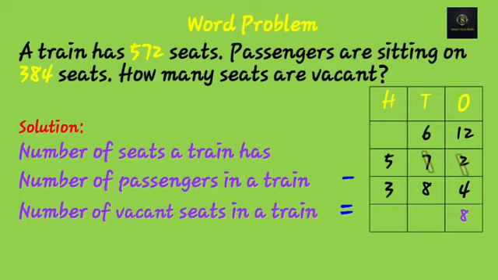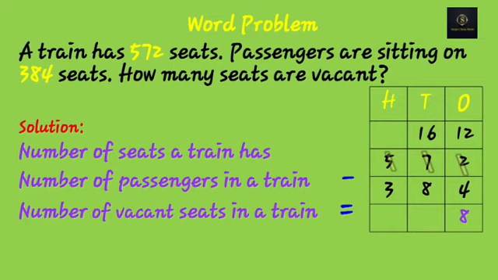Now let us subtract the digits in the tens column. That is 6 minus 8. Is it possible? No, it is not possible. So we will borrow 100 from 500 and put it into the tens column.